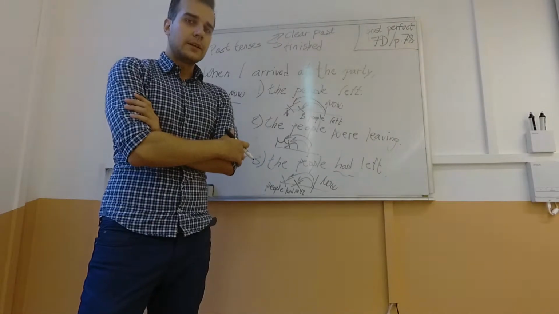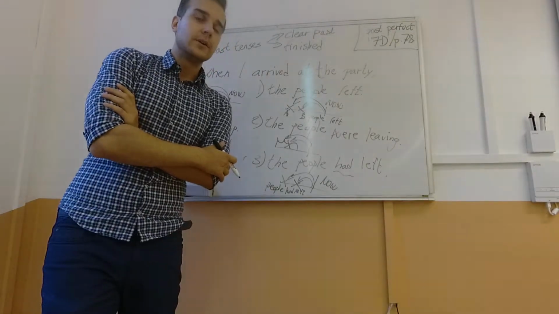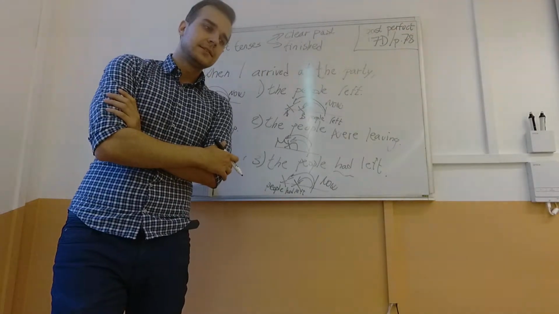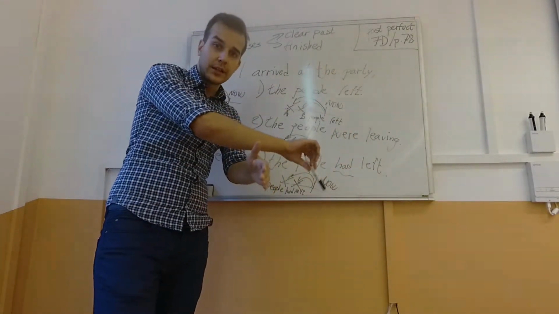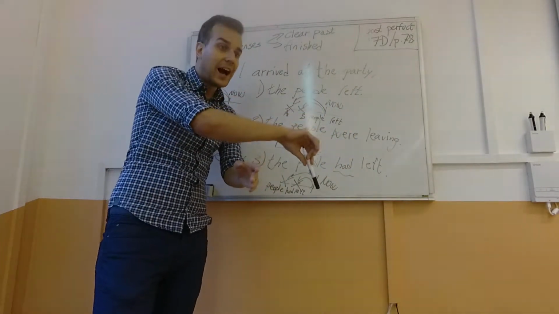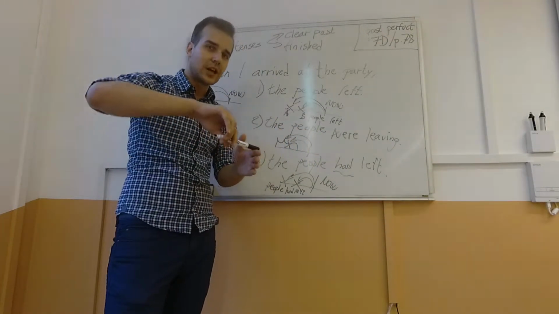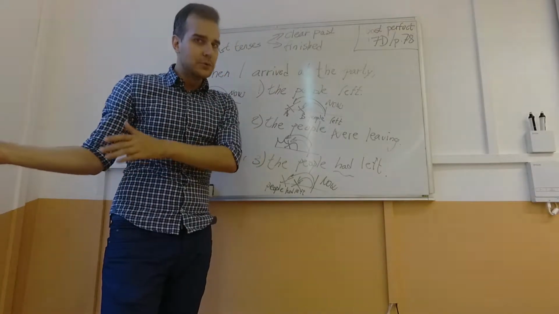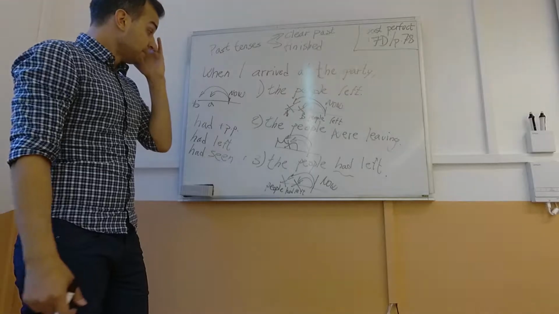Before I moved to China, or let's say, when I moved to China, I had never spoken Chinese. Right? So I was in China, and before I had moved to China, before that, I had never spoken Chinese. Right? I started speaking Chinese after I moved to China. That's the idea. Same idea here, okay?